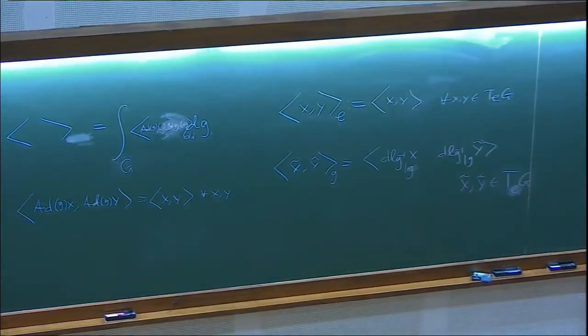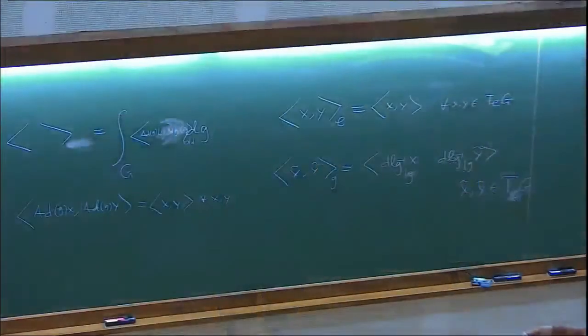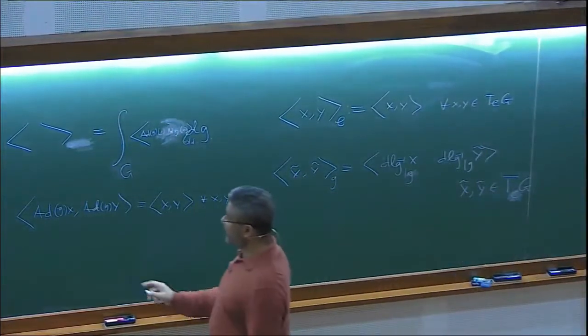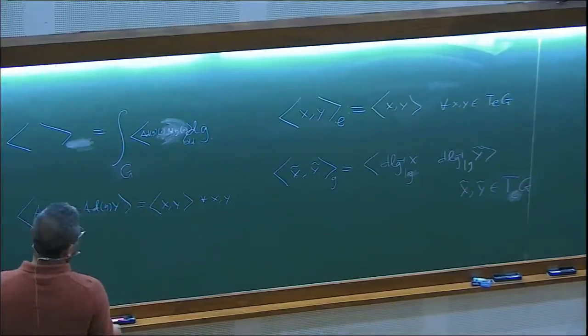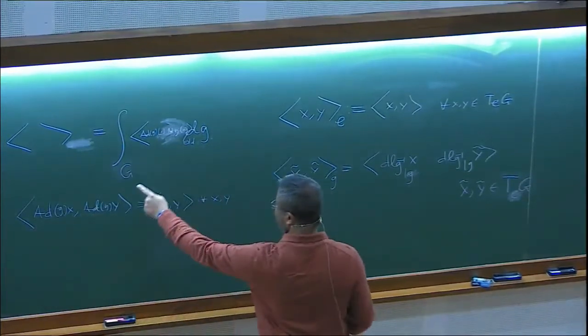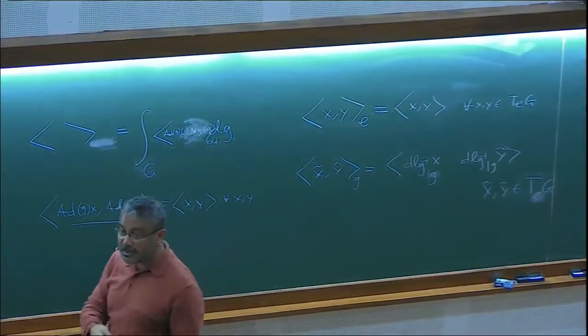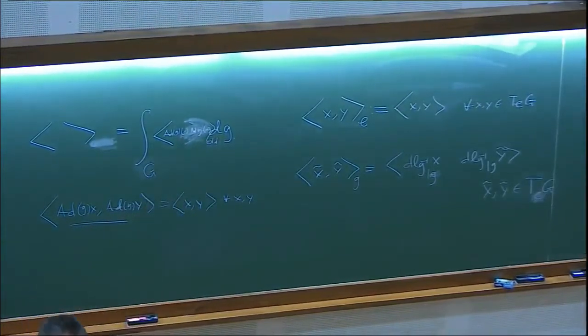Since the whole group acts transitively by left translation on the group as isometries, I'm just going to produce a symmetry at identity. But before this, I need not have started with an invariant inner product, but I chose this inner product so that my right translations are also going to be isometries.